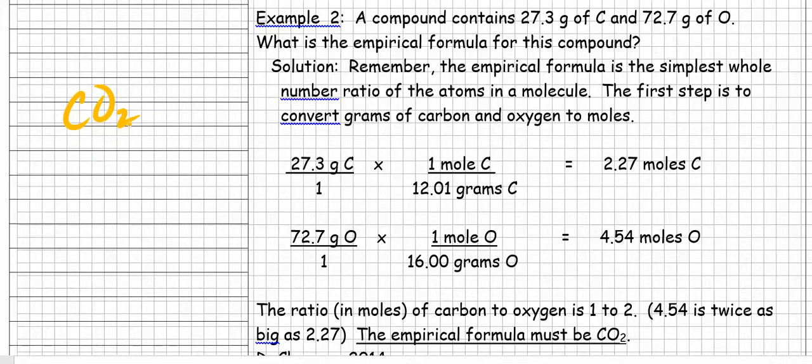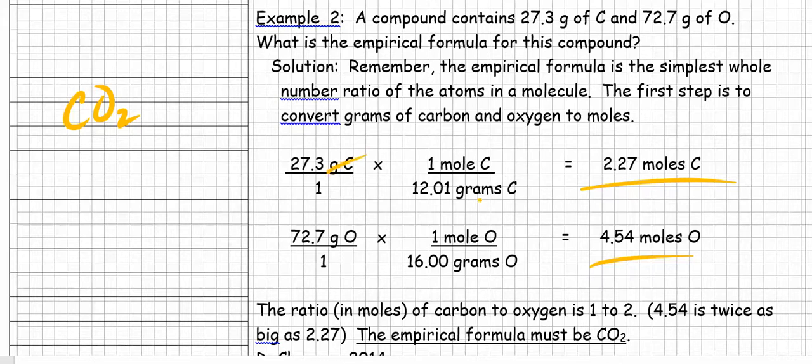Not a gram to gram relationship. So I don't have twice as many grams of oxygen as I do carbon, but I do have twice as many moles of oxygen per mole of carbon. So the first thing I did was make the conversion to moles. I got 2.27 and 4.54 for the number of moles of carbon and oxygen, and you should be able to do that dimensional analysis pretty easily.